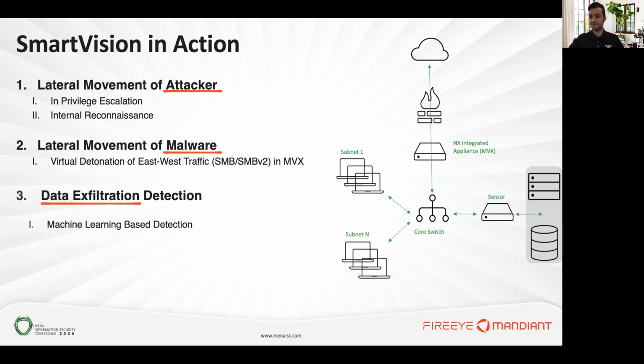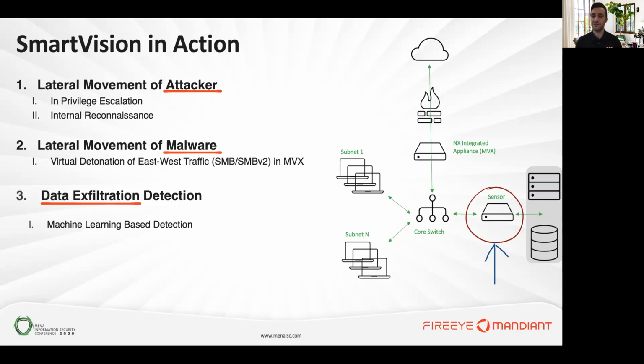When it comes to how we deploy Smart Vision, we can see here on the right side. Smart Vision is typically installed behind the internal firewalls on the server-facing traffic. This allows the sensors to capture the traffic between clients and servers or between peer systems.